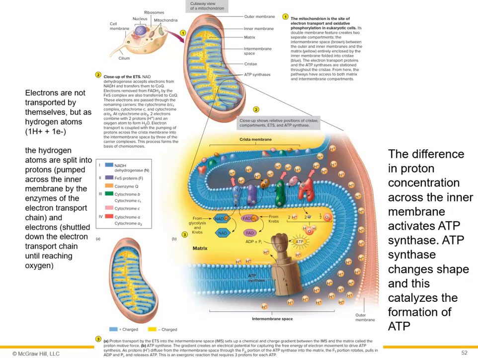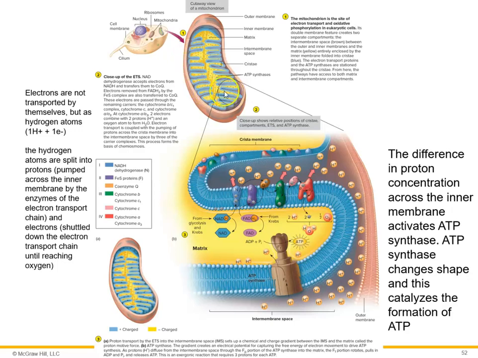So where does all of this occur? Well, in eukaryotic organisms, it's going to take place in the mitochondria. This is why the mitochondria are called the powerhouses of the cell. Essentially all the ATP is made there. Now remember that a mitochondrion has 2 membranes. It has an outer membrane, this smooth membrane here, and then it has this convoluted, highly folded inner membrane.